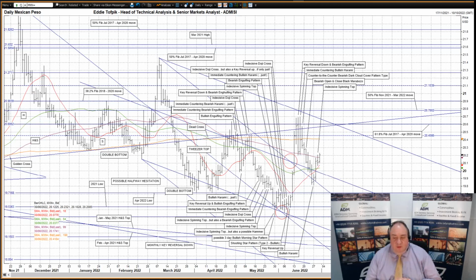Now, looking overhead, beyond the medium moving average, we have the flatlining long moving average, currently at 20.4165. So far today, a slightly higher open, a seemingly significant move higher over the medium moving average, but not much else than that.